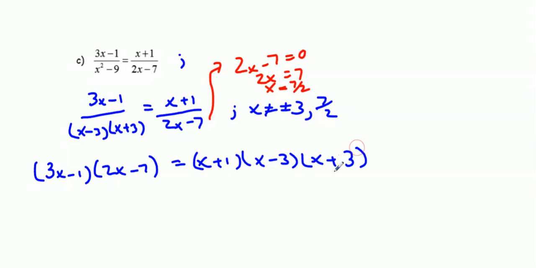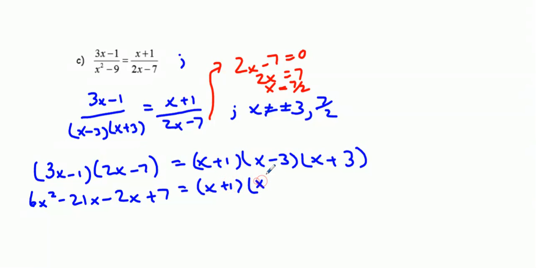Now, just like I factored this, I'm going to have to now expand this because I need to get everything over to one side. So let's start by FOILing this side. So this is 6x² - 21x - 2x + 7 is equal to, well, let's start by just getting this back.